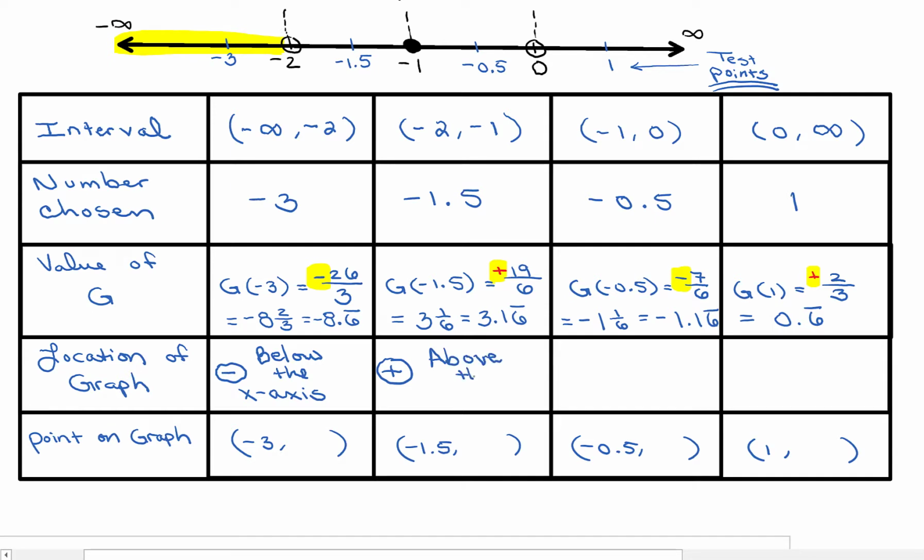And then this is positive, so this one has to be above the x-axis. This is negative, so this is below the x-axis. And the last one is positive, so that means it's going to be above the x-axis. And I'm going to go ahead and write each one of these as ordered pairs as well here.